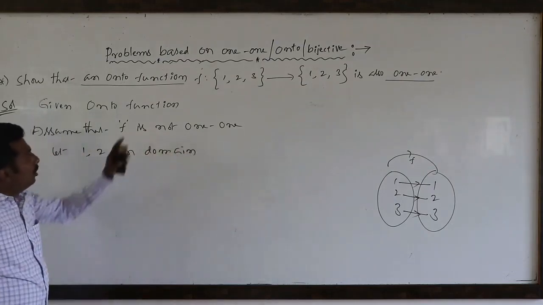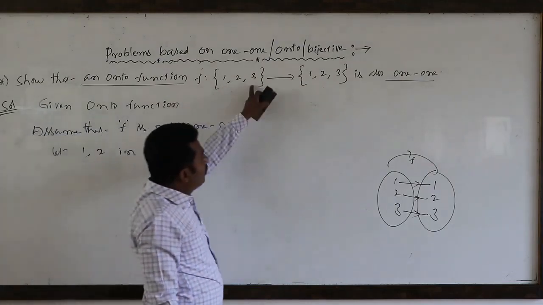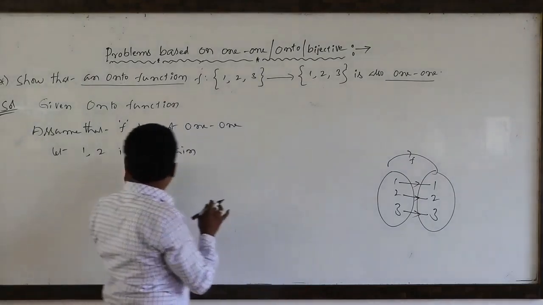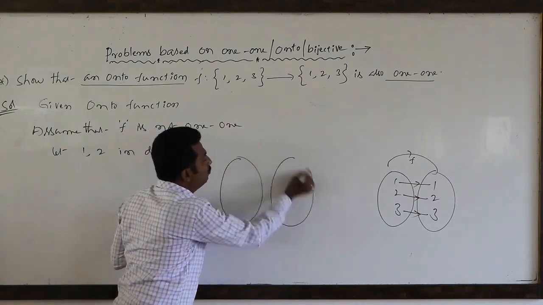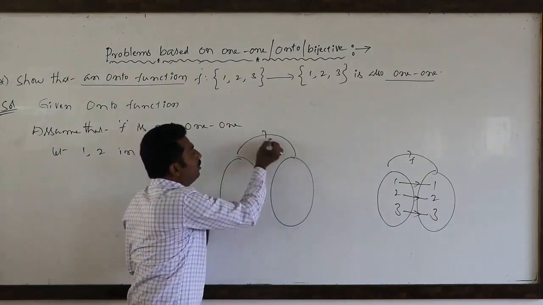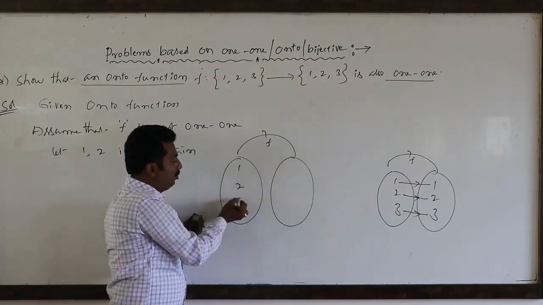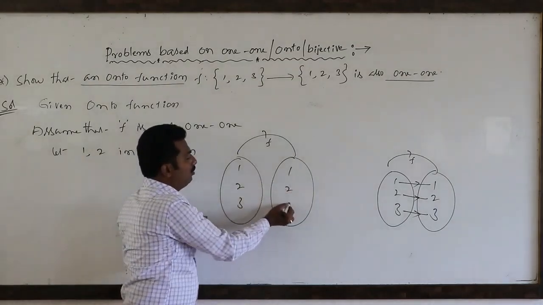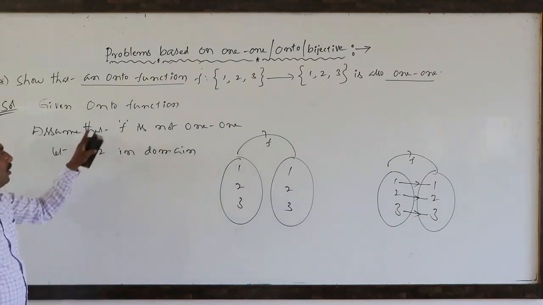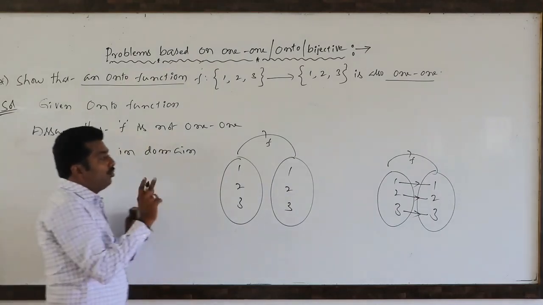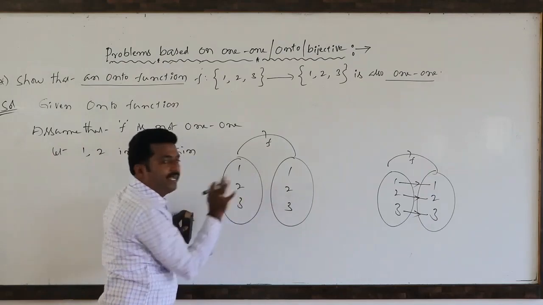See here. Suppose 1, 2, 3 are domain elements. What are we taking? F is not 1-1. Not 1-1 means what we have to assume? This is domain, this is codomain, 1 2 3, 1 2 3. Suppose it is not 1-1. Our assumption means 2 or more elements of domain having the same image.